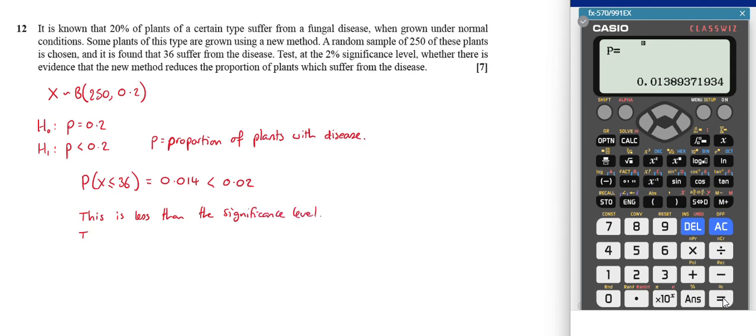So there is evidence to suggest that H1 is correct.